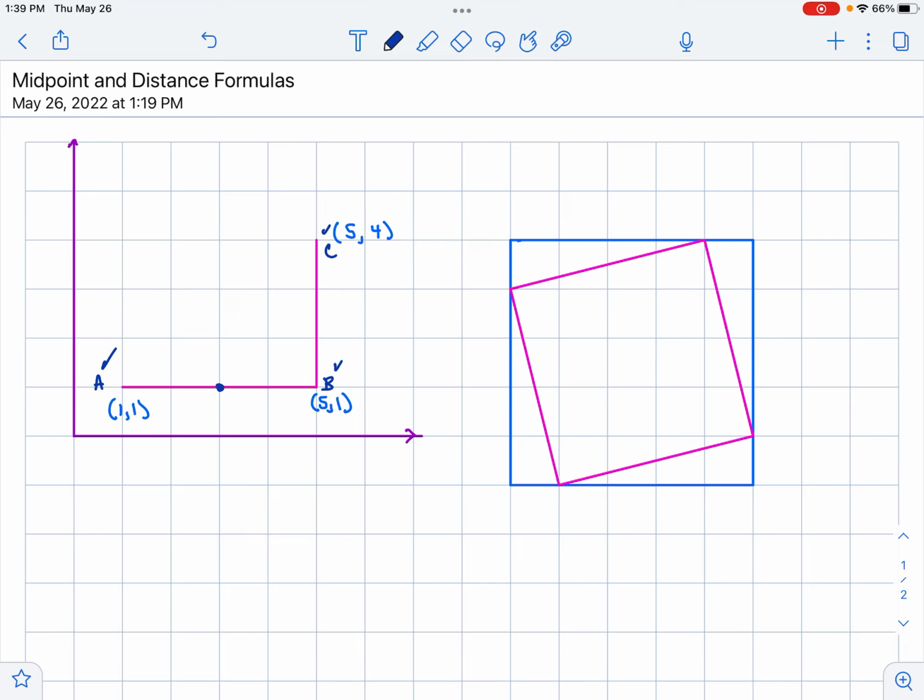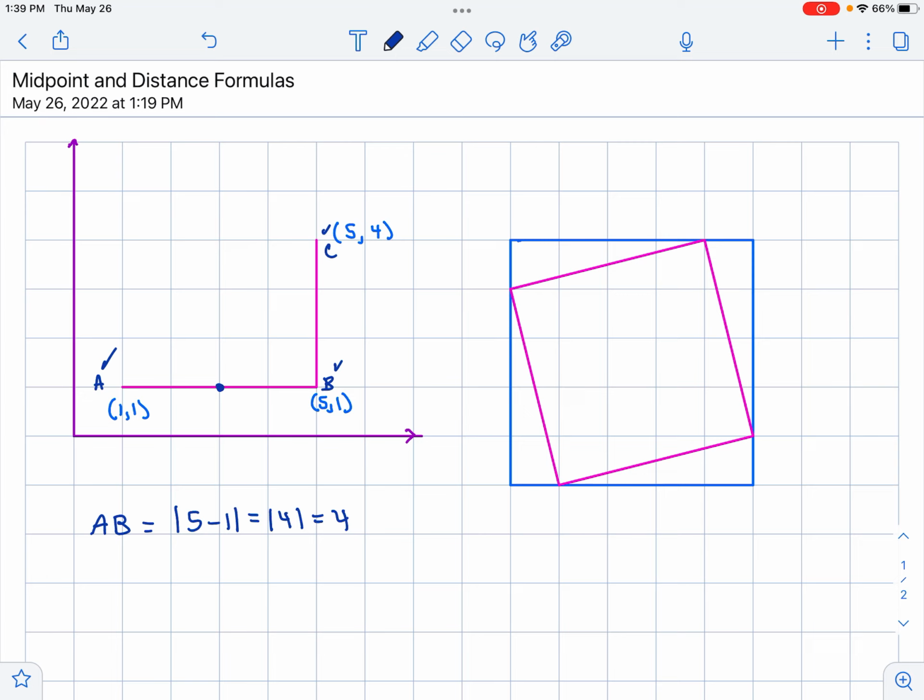Now, let's suppose that I want to find the length of the segment AB, the segment that starts at A and ends at B. Well, we know how to do that. You're going to take 5 minus 1. That's the absolute value of 4, which is 4. So that length is 4.